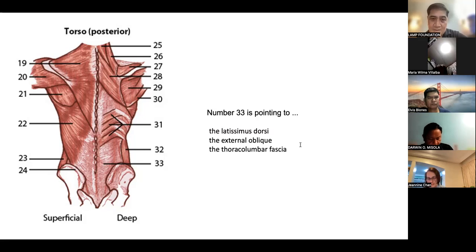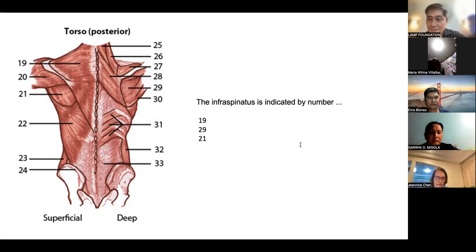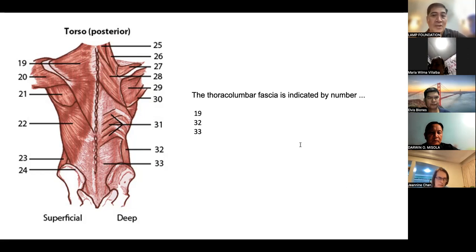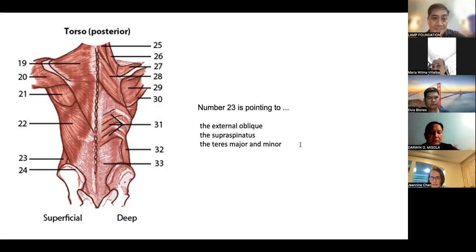The trapezius, number 19. Infraspinatus, number 29. Serratus posterior, number 31. Thoracolumbar fascia, number 33.